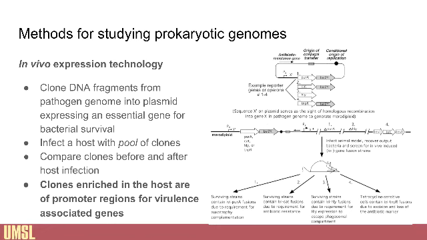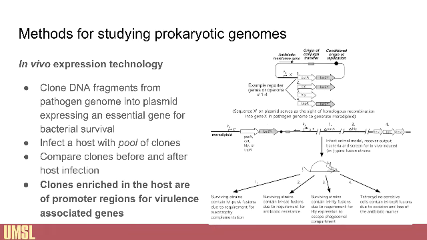And so what you can do is make a large clone library, transform them into this Salmonella, pool all of those Salmonellas together, throw that whole pool of promoter clones into the mouse, and essentially look at who survives.